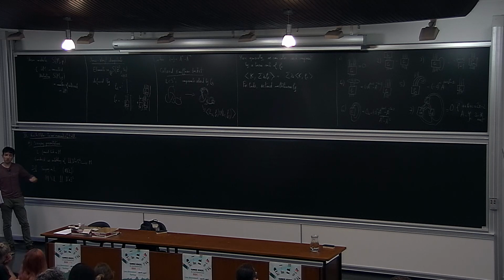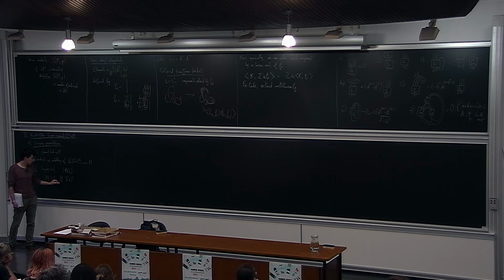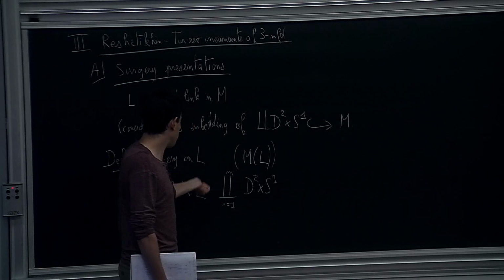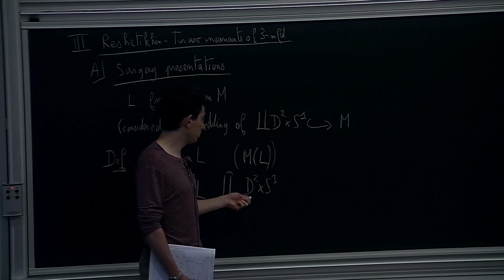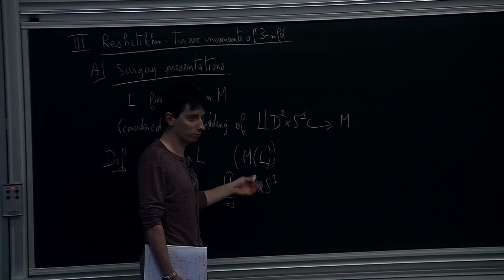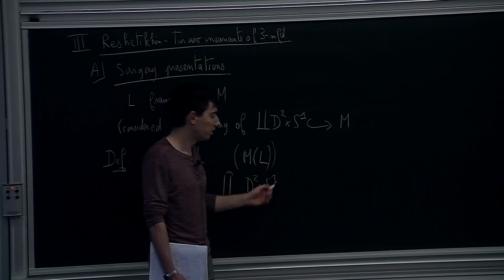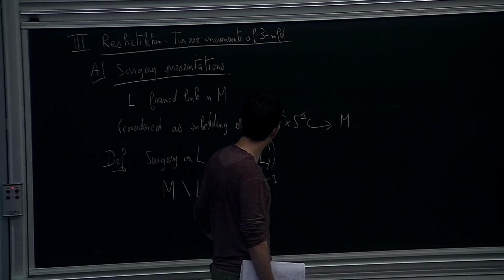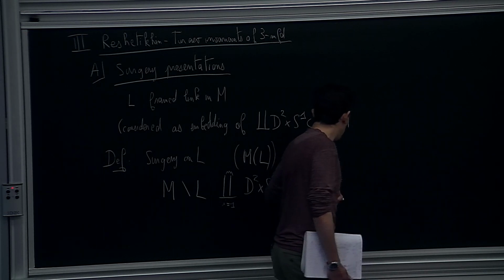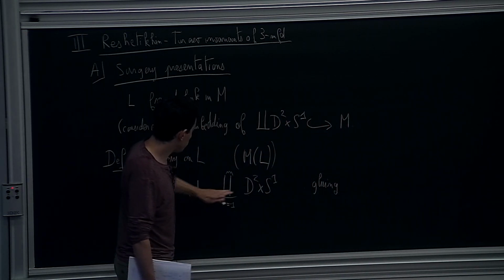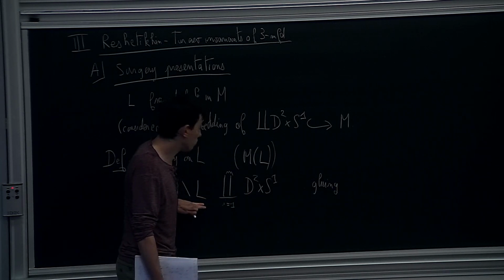I get a manifold with boundary since I subtracted some tori, and it has as many torus boundary components as the number of components of L. To get a 3-manifold back, I want to glue something back in, and I can glue back solid tori, one per component of L. To define this manifold, I have to say how I glue each torus to each boundary component.